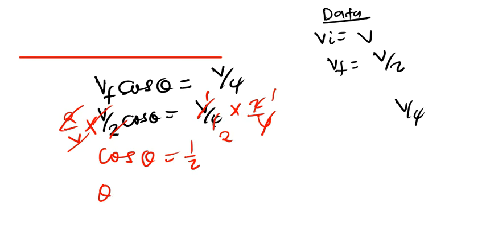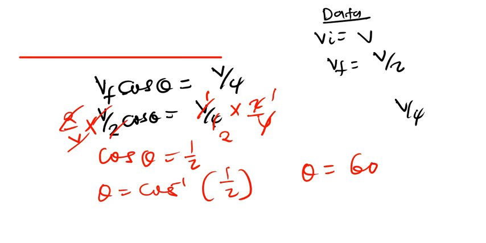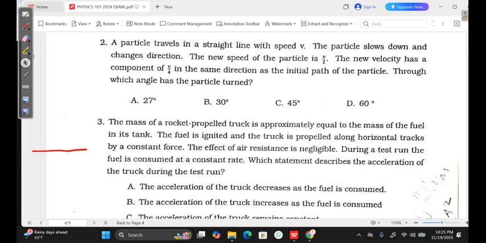To find theta, it will be cos inverse of 1 over 2. If I get my calculator, I'll find that theta is 60 degrees. So that's the angle. If I go back to the question here, D is my correct answer.